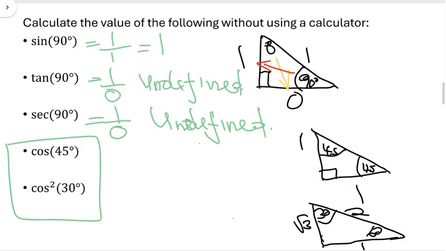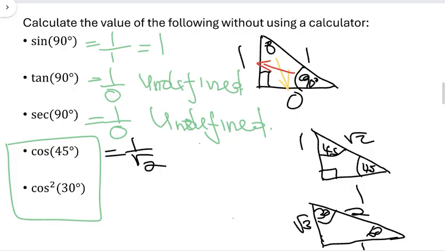And then for this one, cos of 45 degrees, I have to use the special triangle with 45. Cos is adjacent. Remember this side is square root 2. So cos of 45 degrees is adjacent, which is 1 over hypotenuse, which is square root 2.